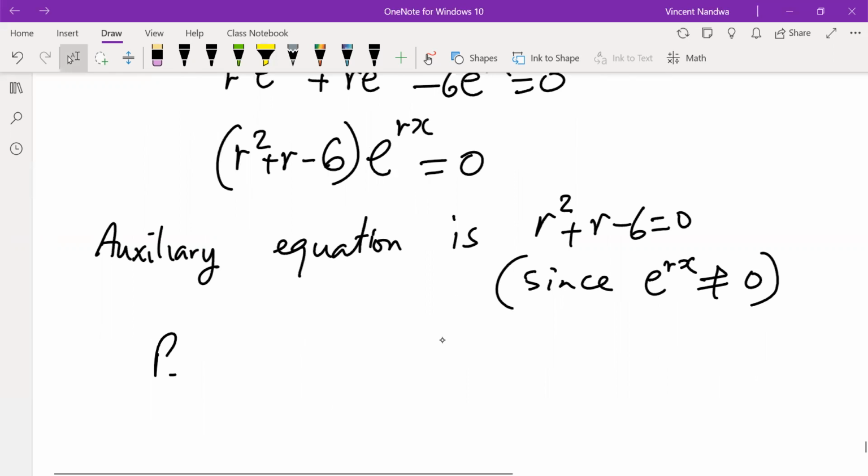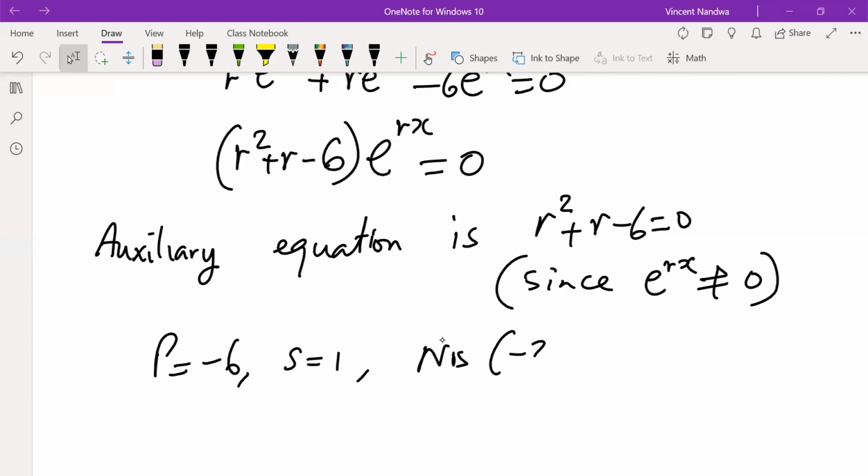So product minus 6, sum 1, numbers minus 2 and 3. So the quadratic will be r squared minus 2r plus 3r minus 6 equals 0.